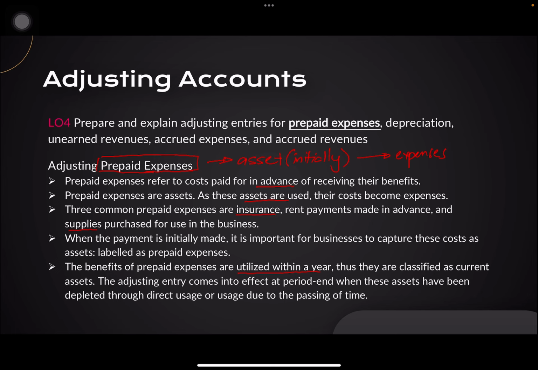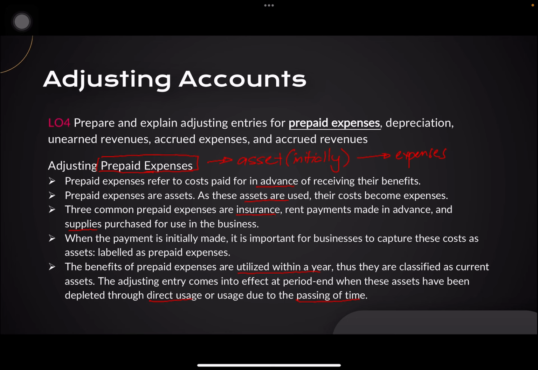The adjusting entry comes into effect at period end when these assets have been depleted through direct usage or usage due to the passing of time. So as mentioned in this slide, there are three common types of prepaid expenses, such as prepaid insurance, prepaid rent, and supplies. For your prepaid insurance and prepaid rent, this would fall under the passing of time.